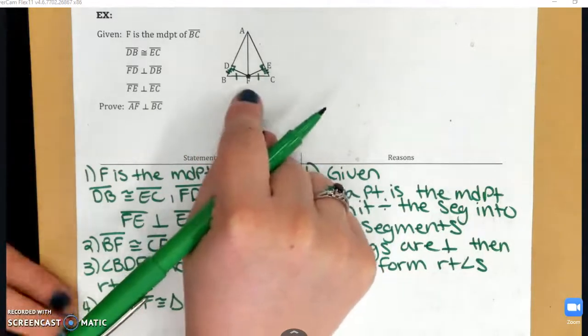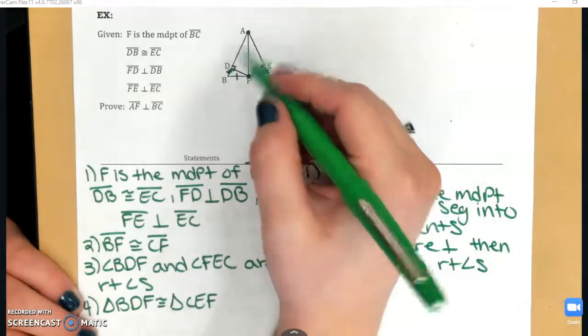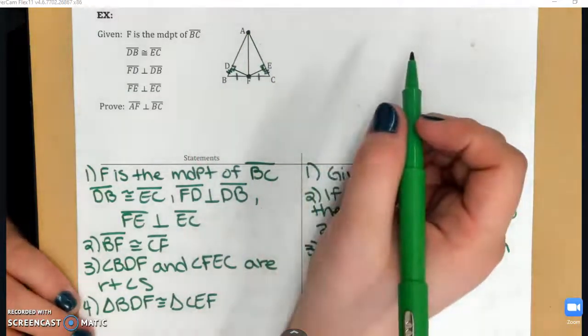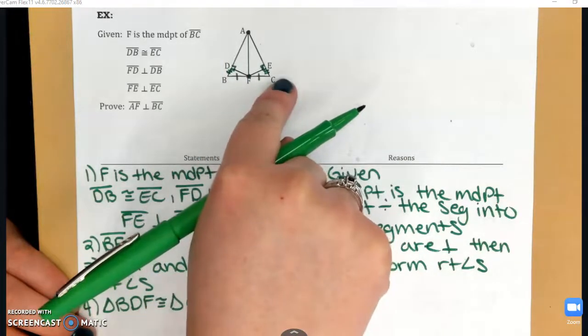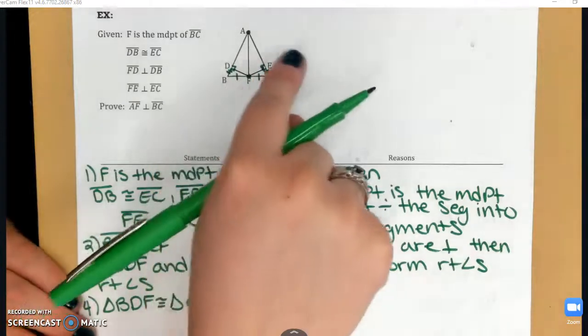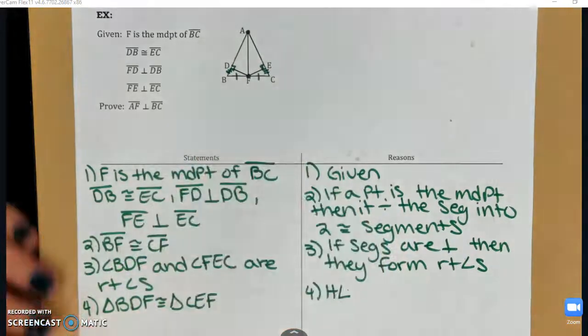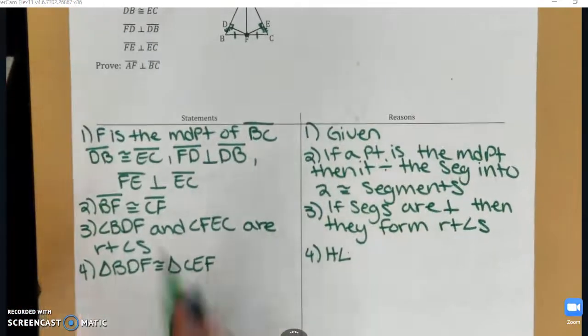So there's one point. The other point that would need to be equidistant is A. I need AB to be congruent to AC. Now, how can I do that? Well, if B is congruent to C, those two angles, then the sides opposite them would be congruent. And I know angle B is congruent to angle C because of CPCTC. So that's where I'm going to go next.